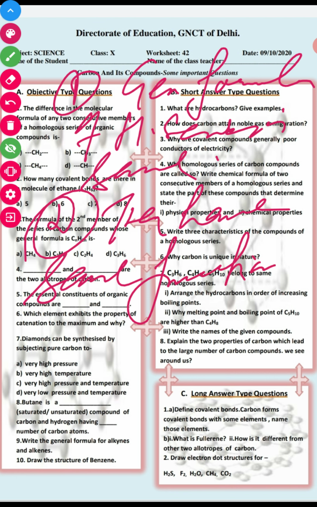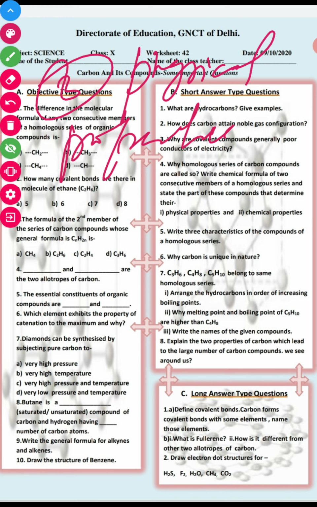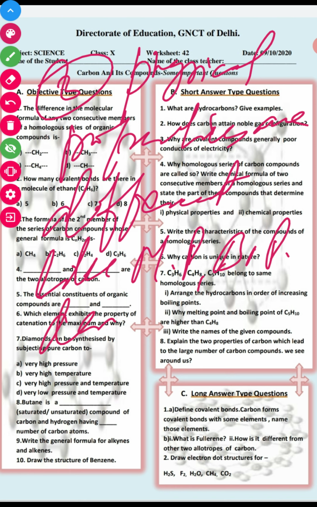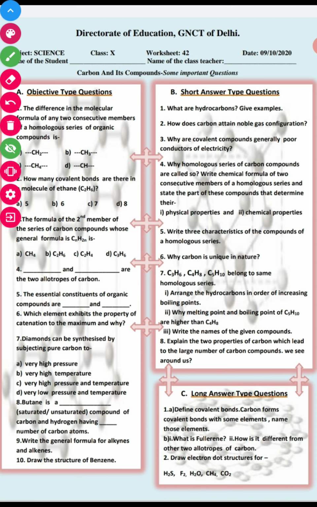And third, their physical properties are different, like melting point, boiling point, density, all these things are different, because of gradation of molecular formula, but they have similar chemical properties.